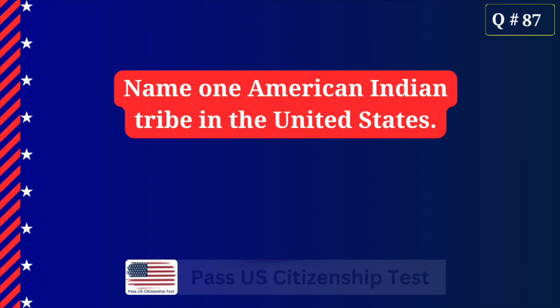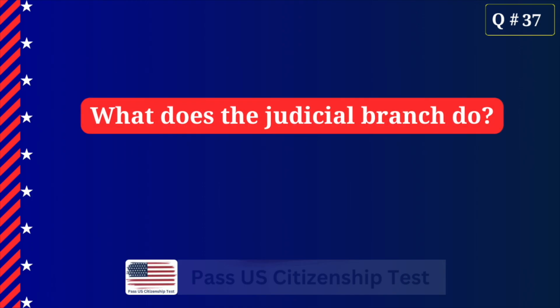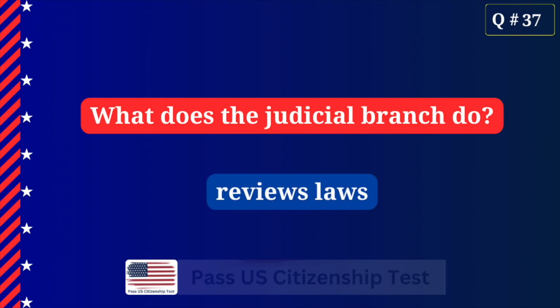Name one American Indian tribe in the United States. Cherokee. What does the judicial branch do? Reviews laws.